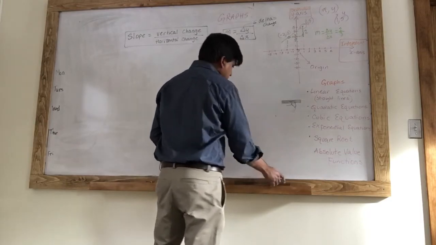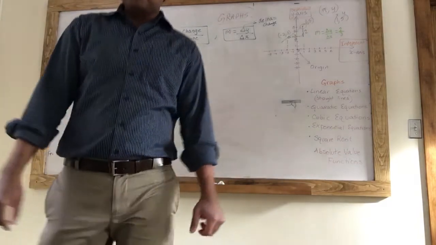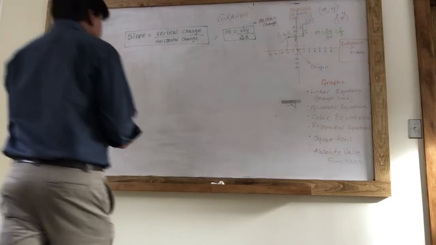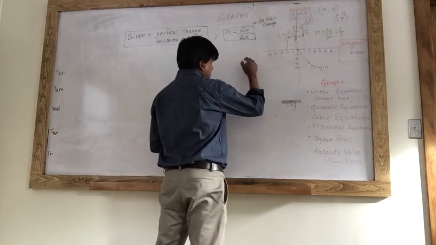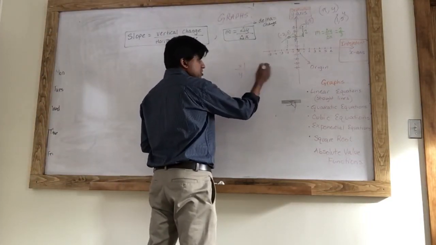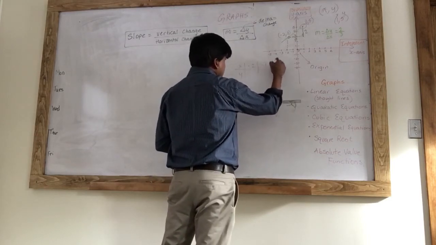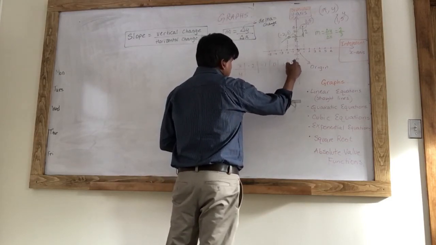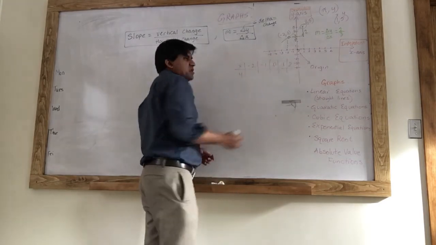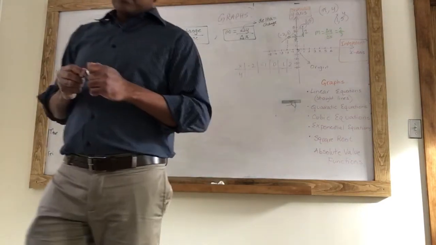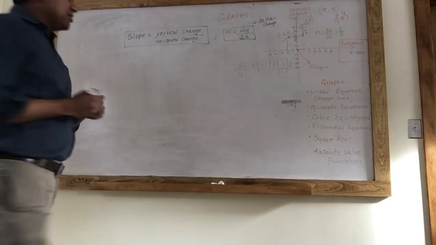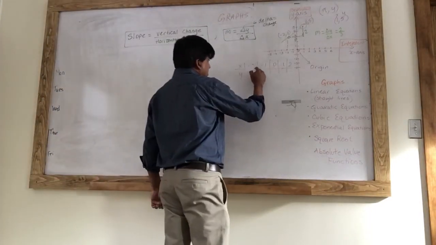So the best thing you can do is make a table, choose values for x, your choice. Use small numbers like -2, -1, 0, 1, 2, right? And plug in the value in the calculator and you'll get a set of values for y.